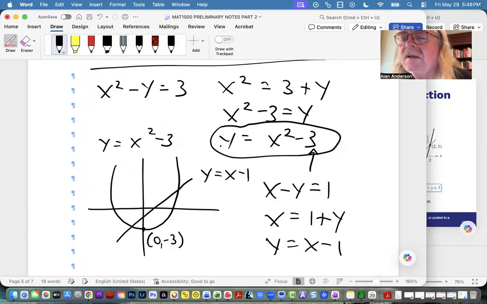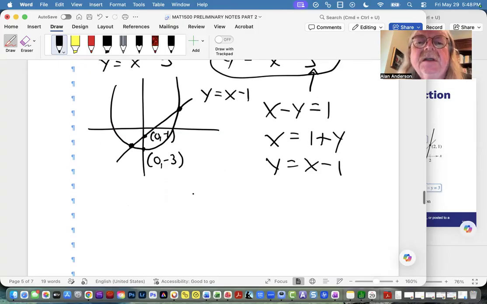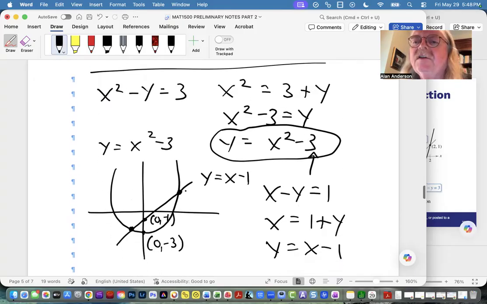It has a slope of 1, and the vertical intercept is 0, negative 1. So where do they cross? This is what we're looking for. Well, we know that at those two points, they're equal to each other.